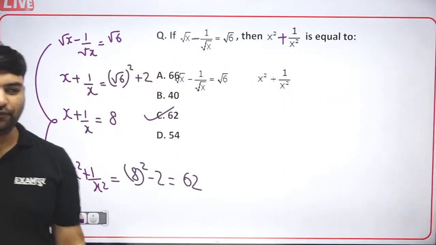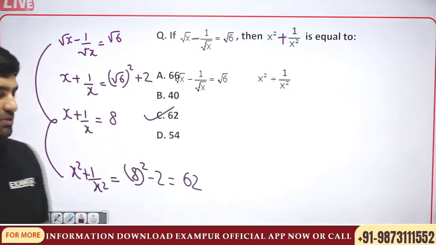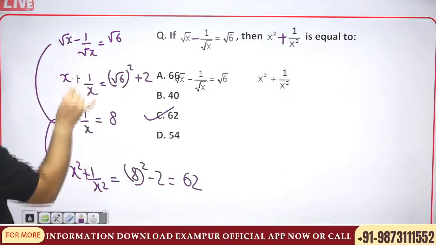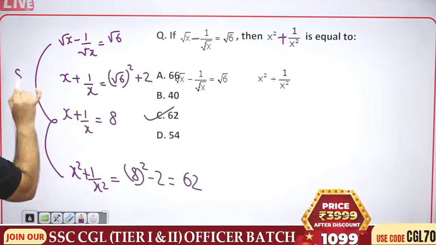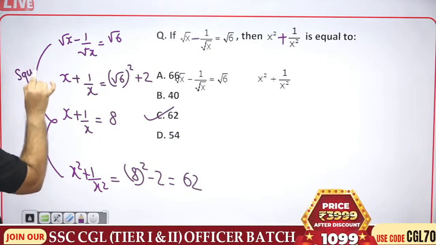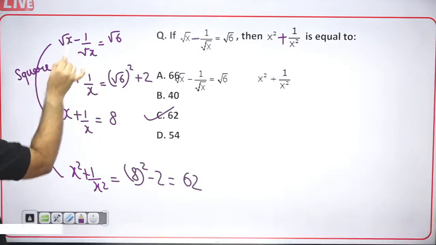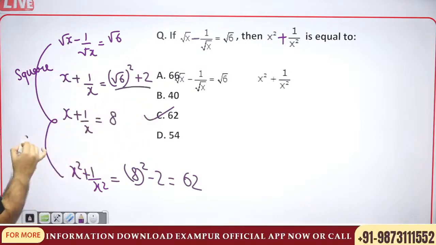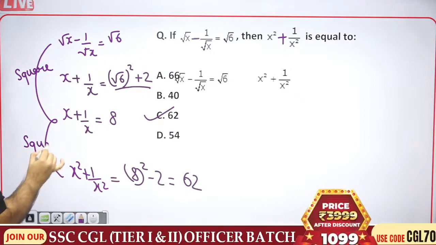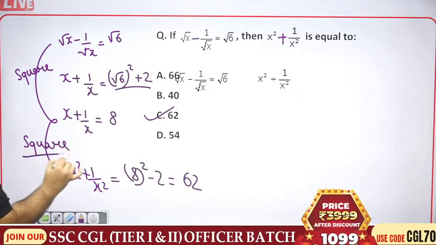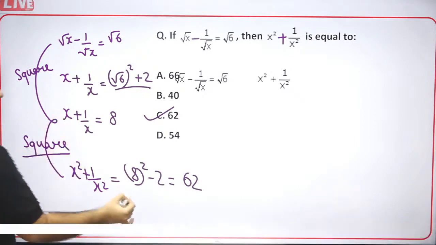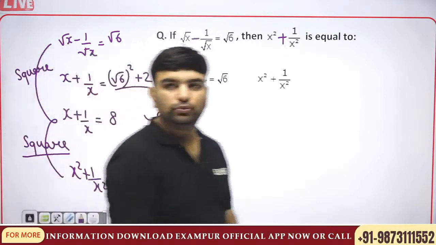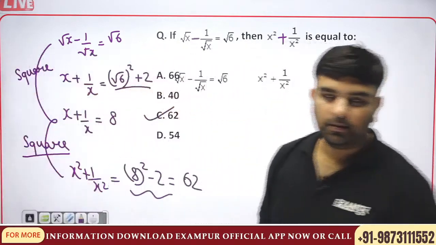From minus, if you square it and make it plus, it will become plus 2. And from plus, if you find out x square plus 1 upon x square by squaring, it is a square minus 2. Okay?